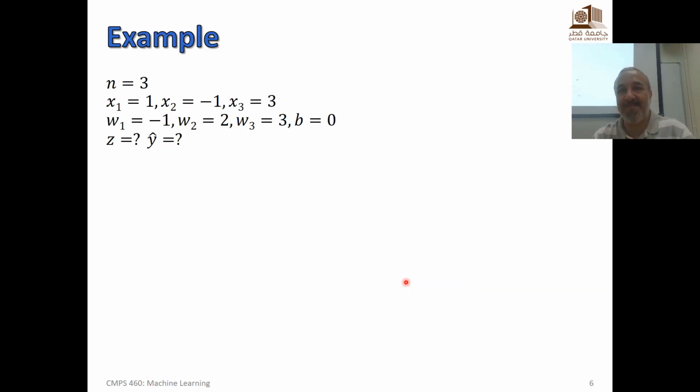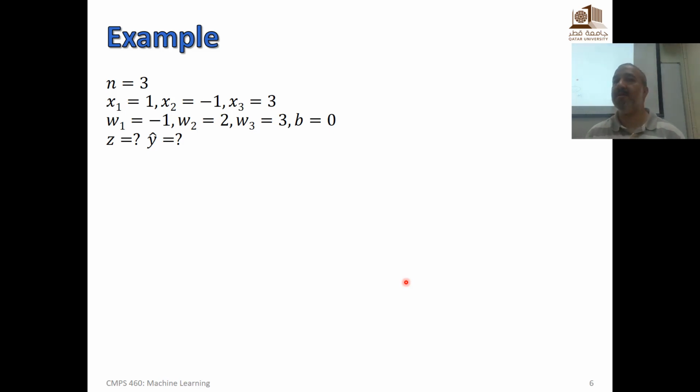Here's an example. Can you please pick a piece of paper and tell me what will be the predicted value and predicted label for this example? What will be z? Z is 6.